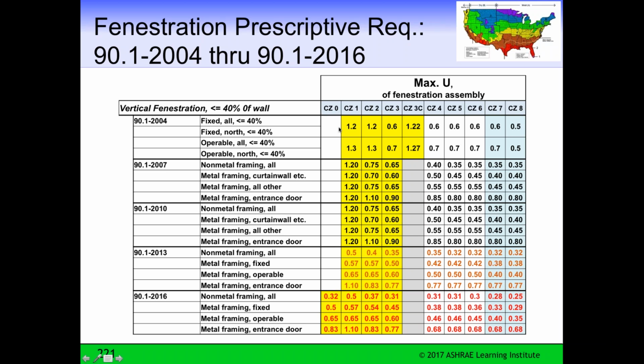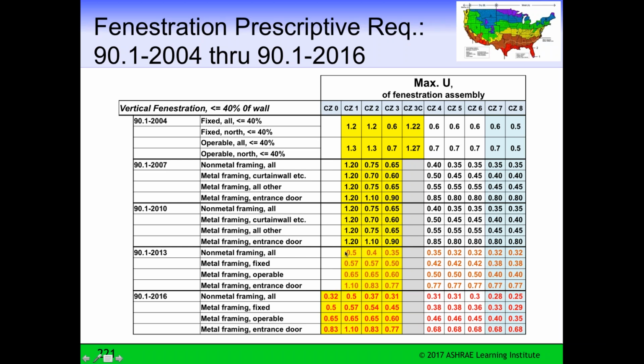In 2004, most of the southern climate zones were single pane glass, except for climate zone 3. Climate zone 3C, which is the Mediterranean coast of California, was also single pane. Climate zones 4, 5, 6, and 7 had various double pane options, pretty lenient in those times.